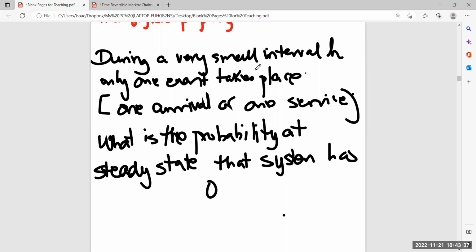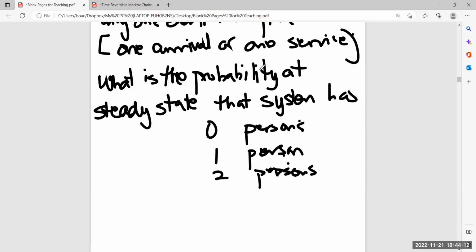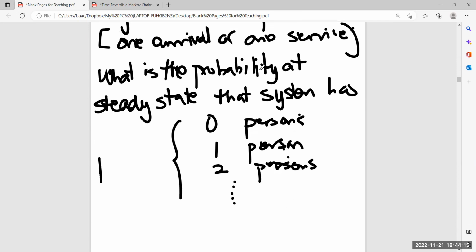It means that we could have either 0 persons, 1 person, 2 persons, etc. So what we want to work out now is the probability in general that we'll have no persons in the system, 1 person in the system, 2 persons in the system, etc. So these are the probabilities that we would want to work out.